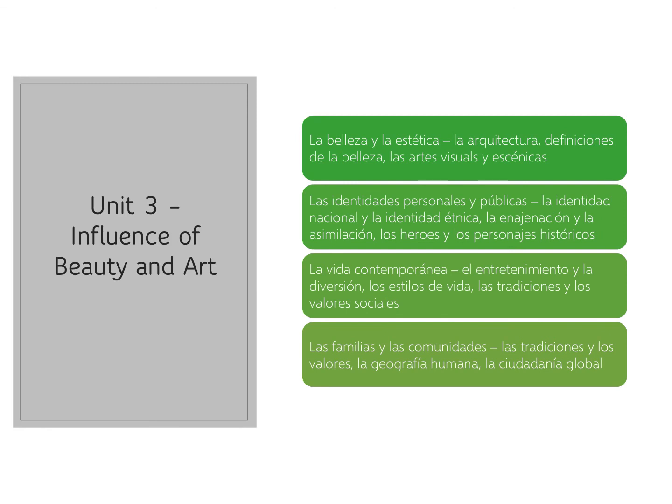The third topic they're going to cover is la vida contemporánea, and within that they're going to cover el entretenimiento y la diversión, los estilos de la vida, las tradiciones y los valores sociales. And the fourth topic within this unit will be las familias y las comunidades, and within that they're going to cover las tradiciones y los valores, la geografía humana, y la ciudadanía global.